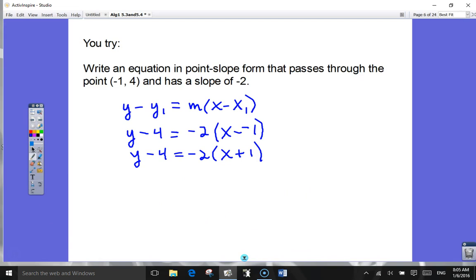Okay, now, I know it wasn't part of the you try, but solve for y. Do what we did on the last one. Solve for y. Oh, you did? Good. Let me see.